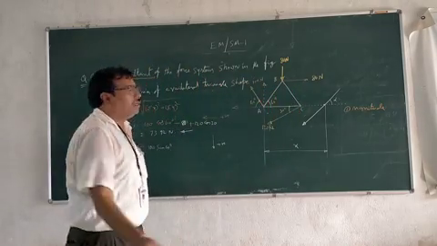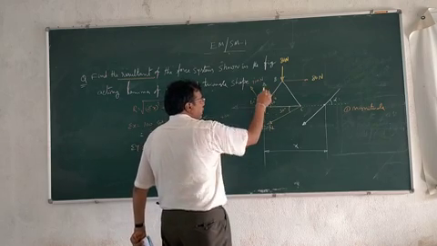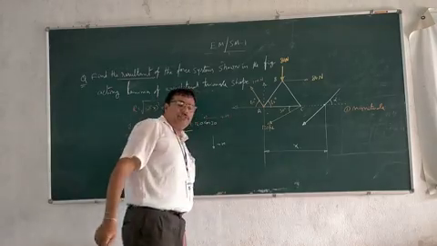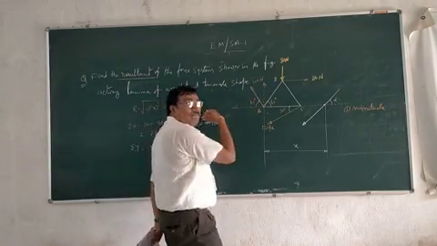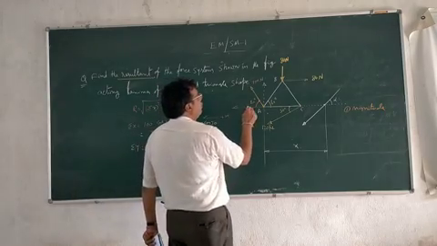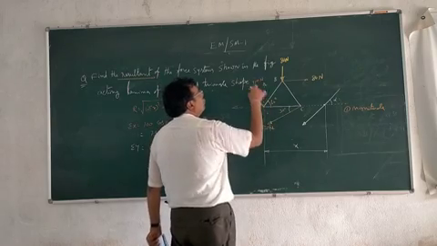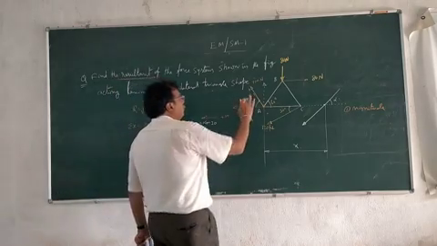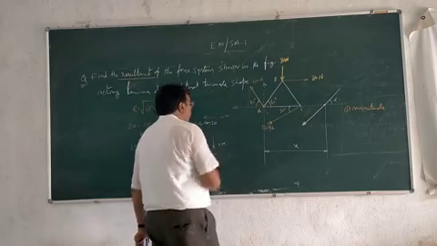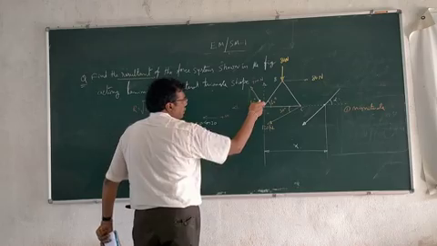Please all of you remember, once a force is acting like this, the components are also acting in the same direction. Understand? Because the loop is required. Please remember this point. Once it acts like this, one component is like this, one is like this.